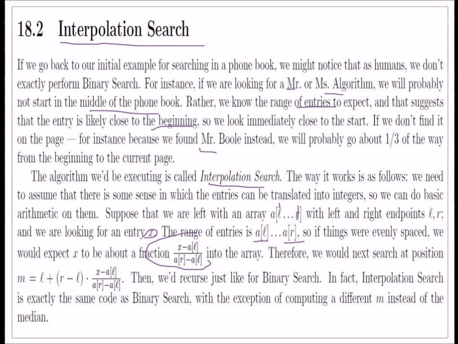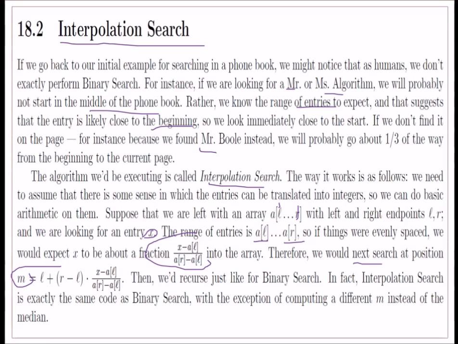Those who are aware of interpolation know how to find the interpolation position. So the next search position M will be L plus (R - L) times (X - A[L]) / (A[R] - A[L]). And we will recurse just like binary search. So we have to find M every time using this relationship, and then, just by applying our idea of binary search, we can do it.